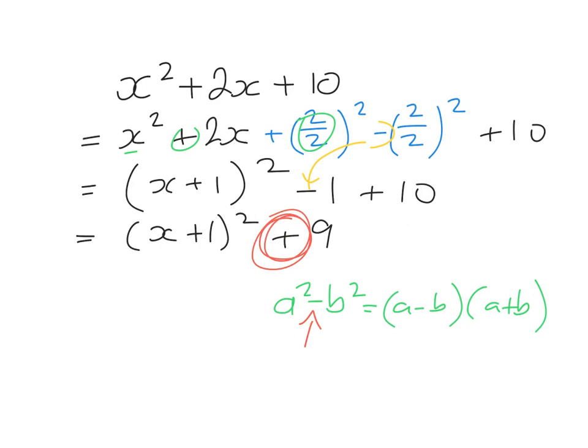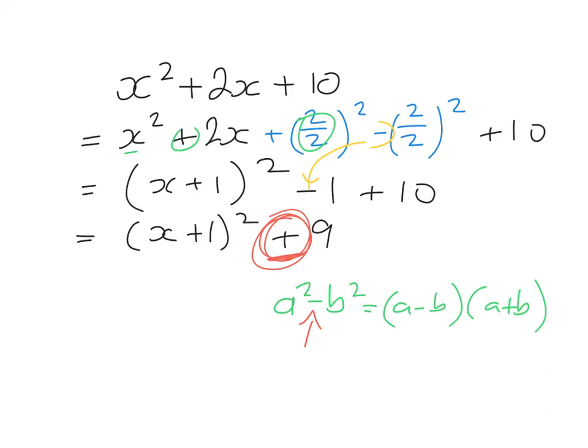So in this case here we can't actually go any further to factorise this term. When we get to the stage of graphing quadratic equations, you'll find that this is a graph that's actually above the x-axis, doesn't actually cross the x-axis. So there's not going to be any solutions to this one. So we'll just leave it at this one here.